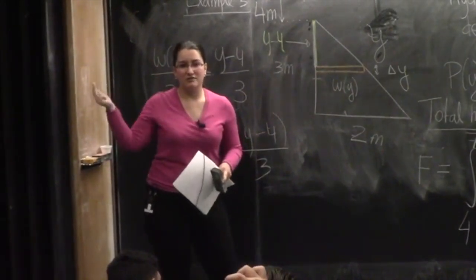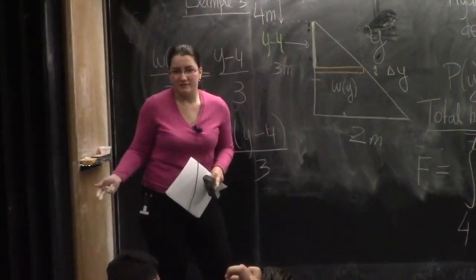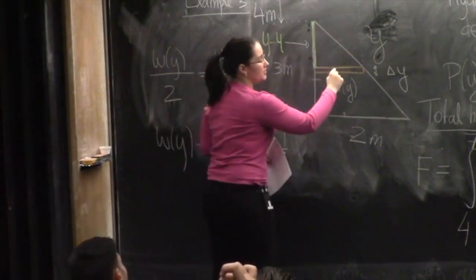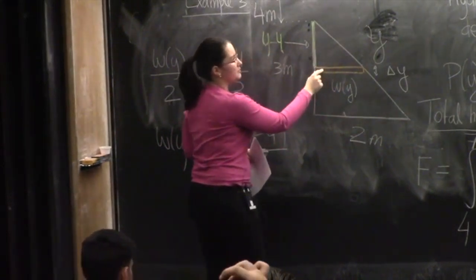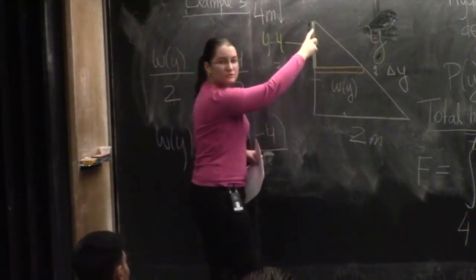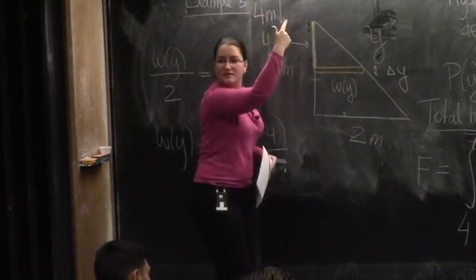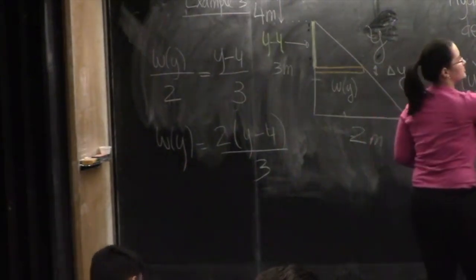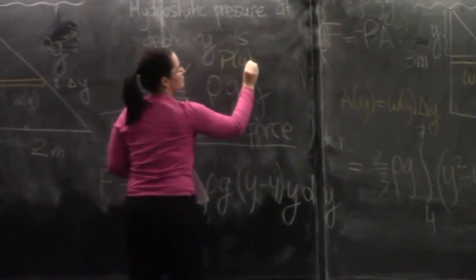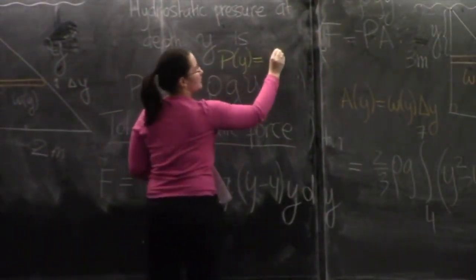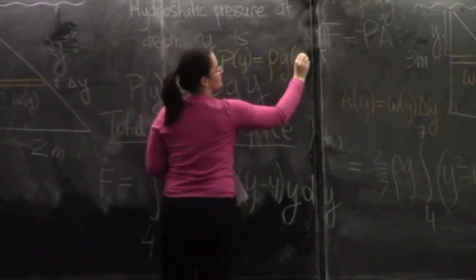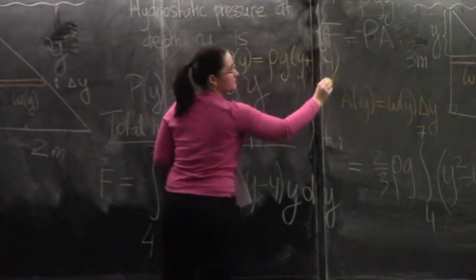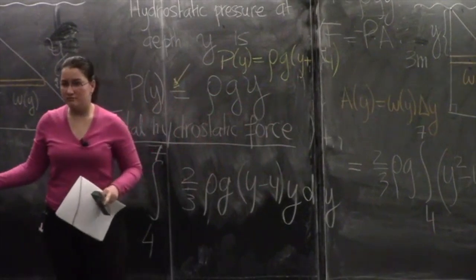It doesn't depend on the distance from a random point. So if we want to compute the hydrostatic pressure at depth y, we've got to add to y 4 meters extra. So in here, I'm just going to change it by saying Q of y is going to be rho g times y plus 4. Natural?